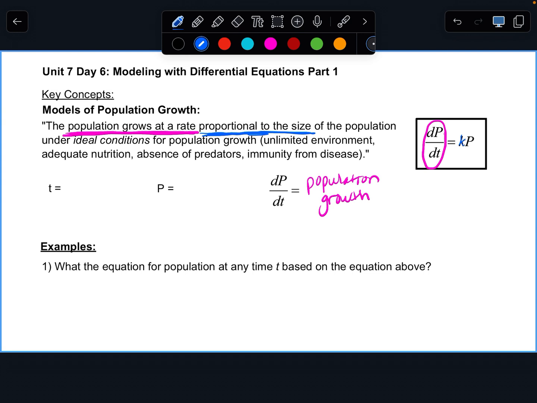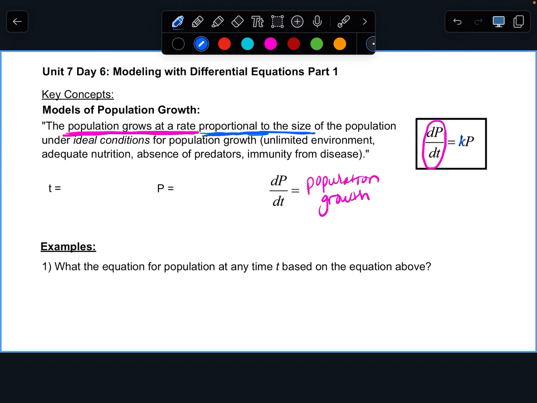The more people that can reproduce, the more the population's going to grow. So more population, the bigger the growth. So that's why the way they write this formula is the rate is proportional to whatever your population is.